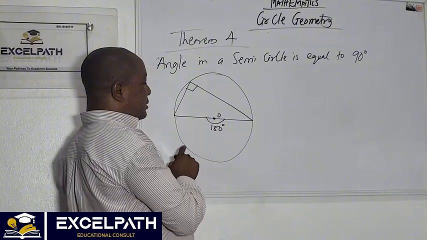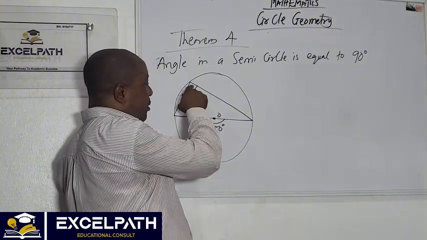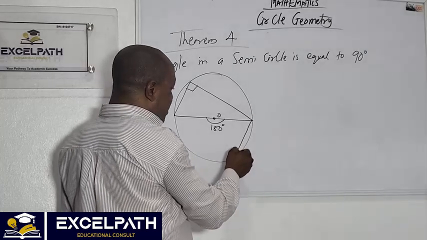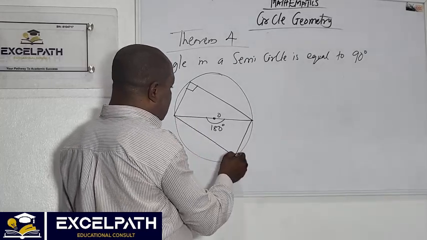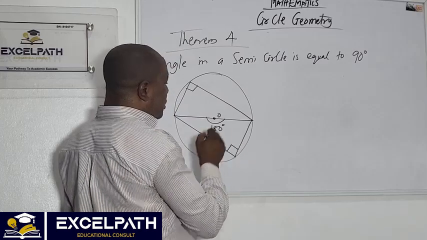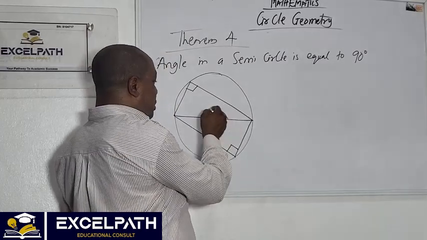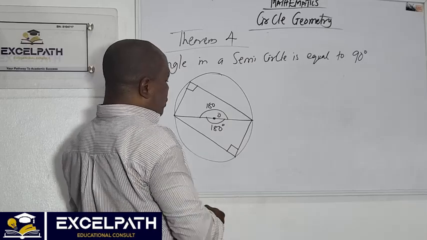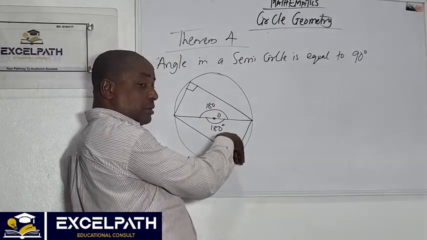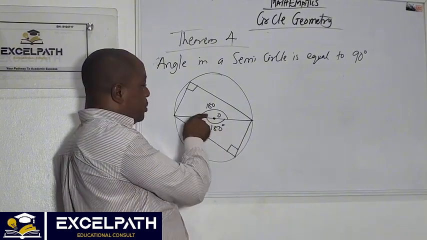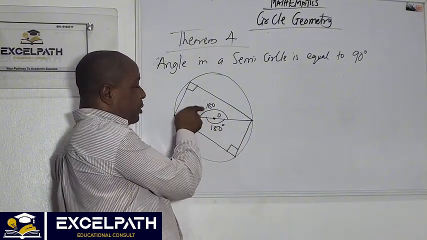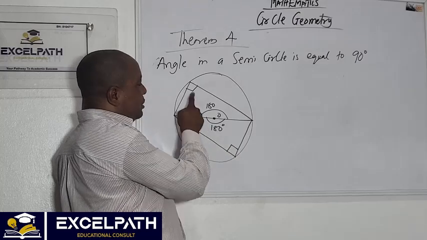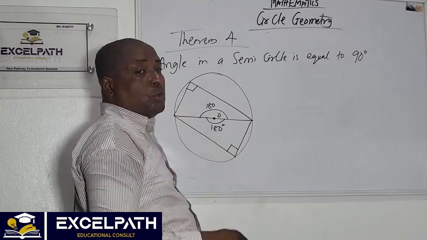If I divide it by 2, I get 90 degrees. If I do another one in this fashion, this one is also 90 degrees because this one is 180 degrees. Remember I told you, this 90 degrees is on top of the angle. This 180 is also on top of the angle, so they are related. This one is under the angle, this is under the angle, they are also related.